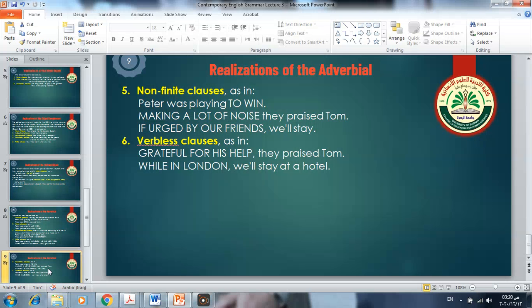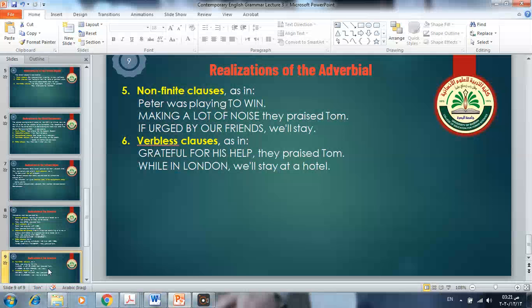Number five, the adverbial may also be realized by a non-finite clause, as in, Peter was playing to win. So to win is the non-finite clause which functions as an adverbial. Making a lot of noise, they praised Tom.